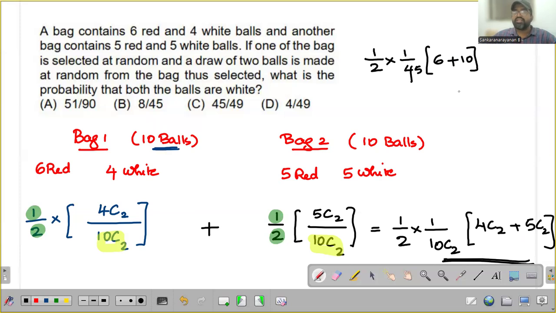So this is basically 16 divided by 45 into 2, that is equal to 90. Cancellation with 2 will fetch me 8 out of 45. So when I'm observing the options, you can say option B reads 8 out of 45. And that is my final answer for this question.